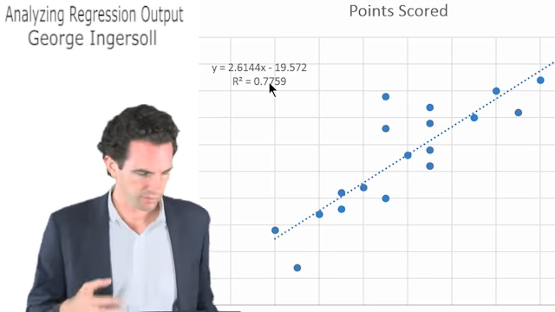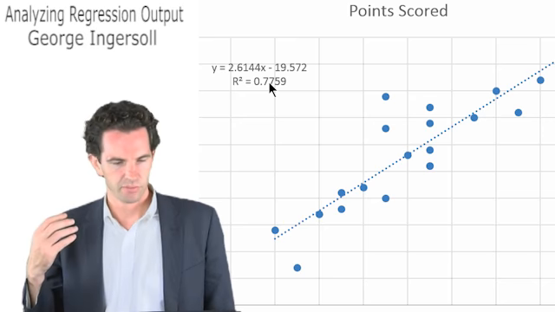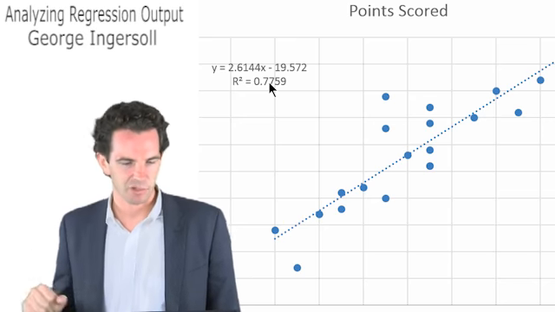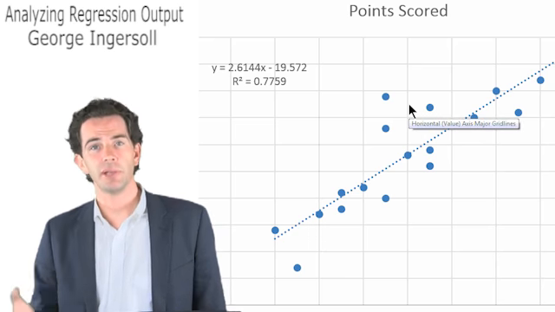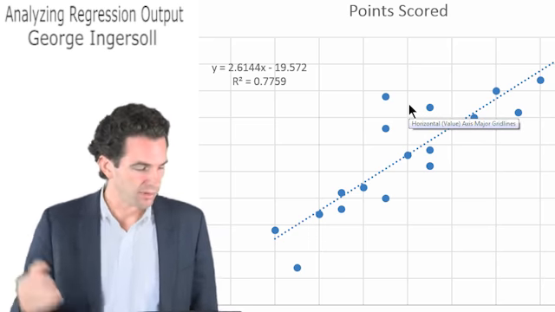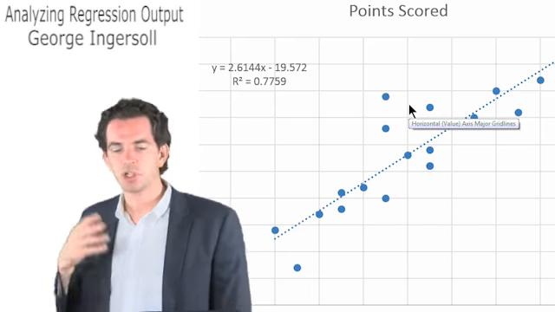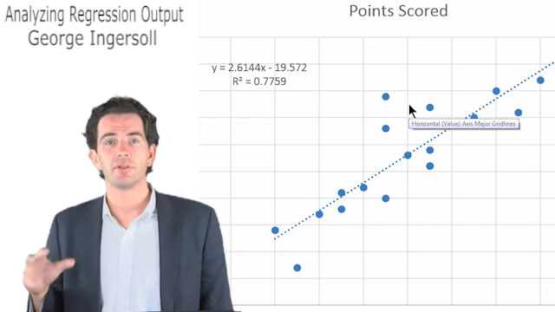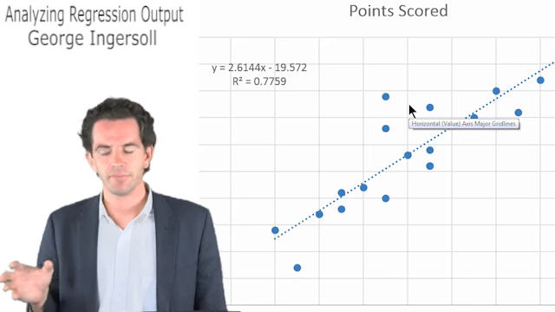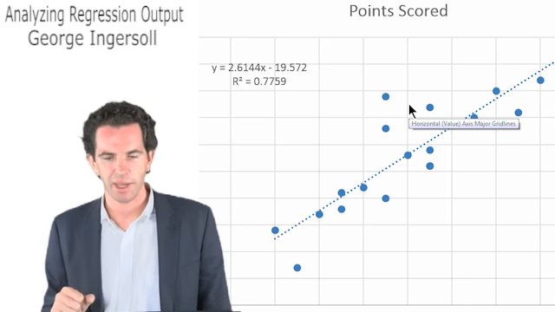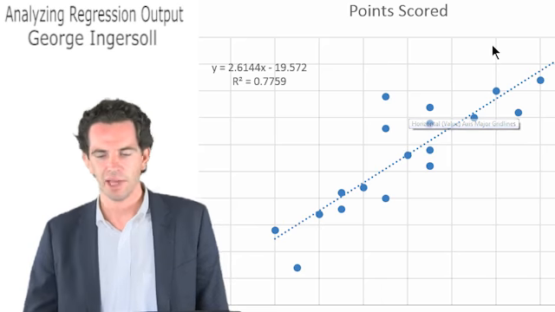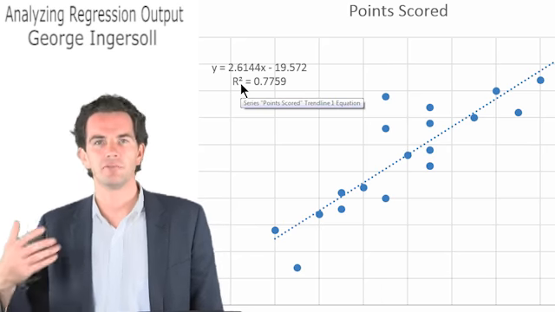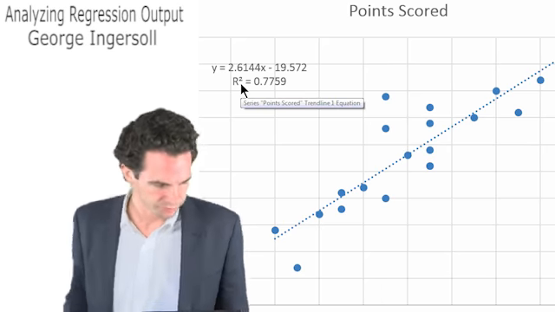So in this case, 78% of the variance in points scored is explained by your shooting percentage. Hopefully that makes sense. It sort of shows the predictive power of the regression. That can be debated, certainly, but it's a simplified way of thinking about it. The higher the r squared, the more predictive power your regression has.